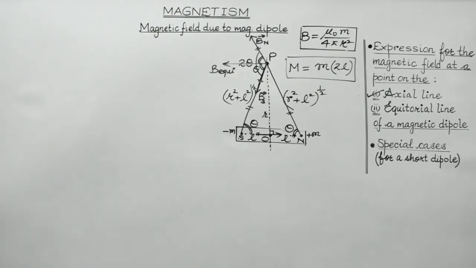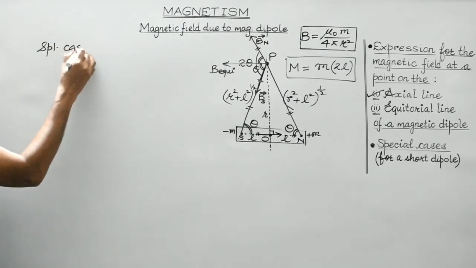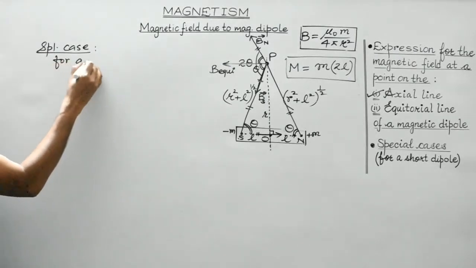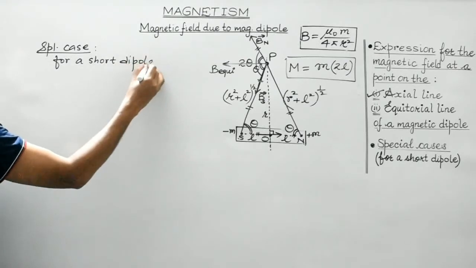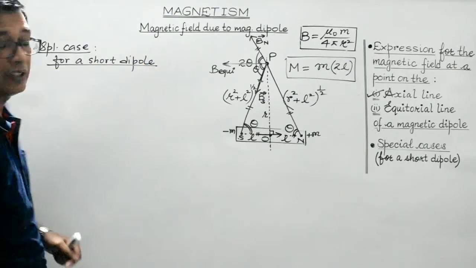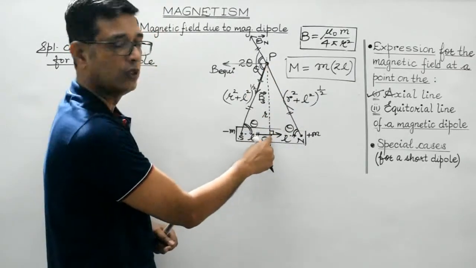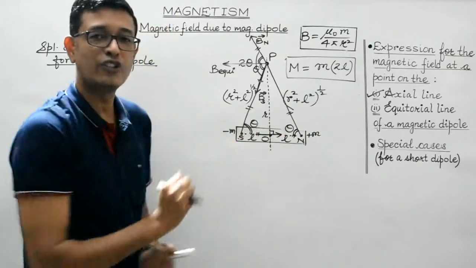Okay students, now let's discuss the special case. Special case is for a short dipole. That is, when the distance of this observation point from the center of the dipole is very large as compared to the dimensions of the dipole.